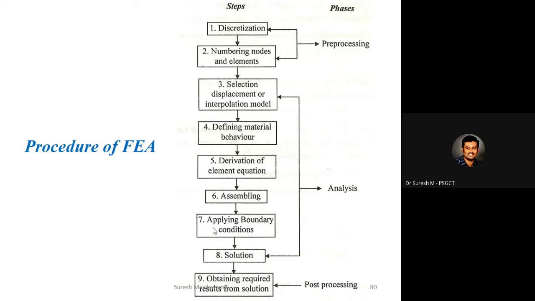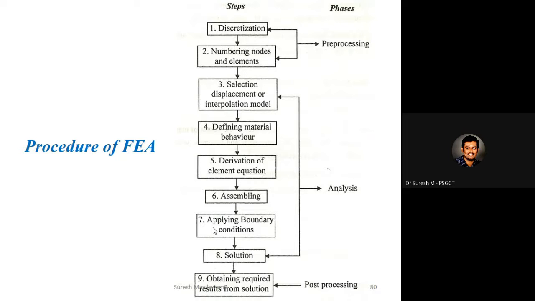After that, we can assemble all the equations and then we can apply the boundary conditions. So finally, we can arrive at the solutions. After obtaining the solutions, we can take the results from the solutions. Taking the results from the solution may be a tabular method or a graphical approach. So that is called post-processing, and the stages between the first and the last are called the analysis stage.